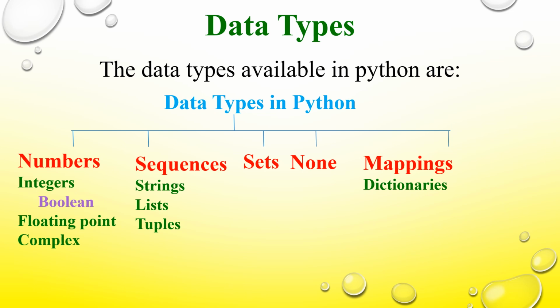Then the next kind of data type is None. It can be used for storing a special data type with a single value. We use this None data type to signify the absence of a value in a situation.